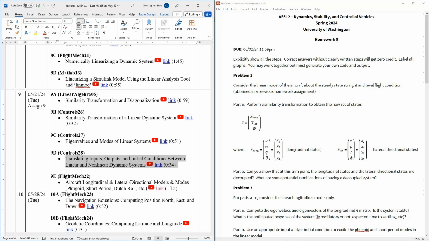So what this video talks about is how to translate inputs, outputs, and initial conditions between a linear and a nonlinear dynamic system. So, with that being said, now at this point we have a good methodology to go ahead and analyze our linear model and then look at results and apply them not just to the linear model but also translate them and apply them back to the nonlinear system to see if we have similar behavior.